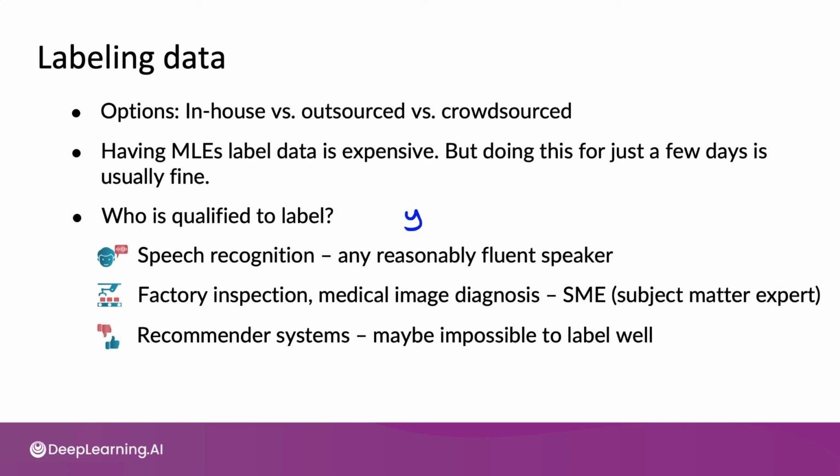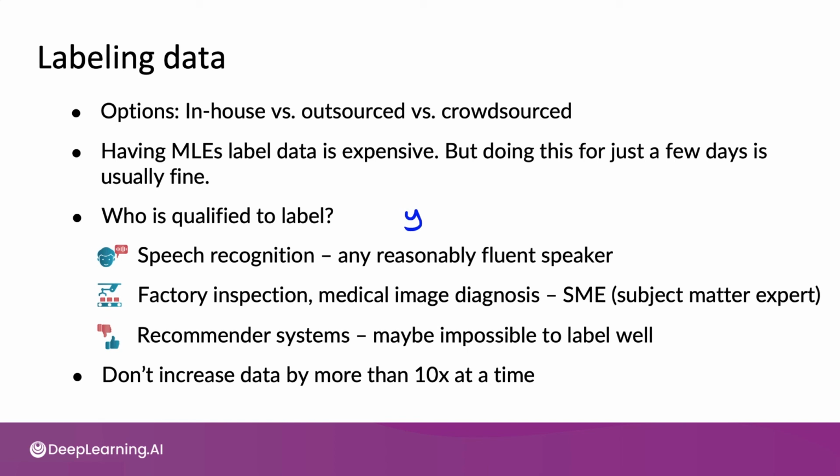Let's say you have 1,000 examples and you've decided you need a bigger data set. How much bigger should you make your data set? One tip I've given a lot of teams is don't increase your data by more than 10x at a time.